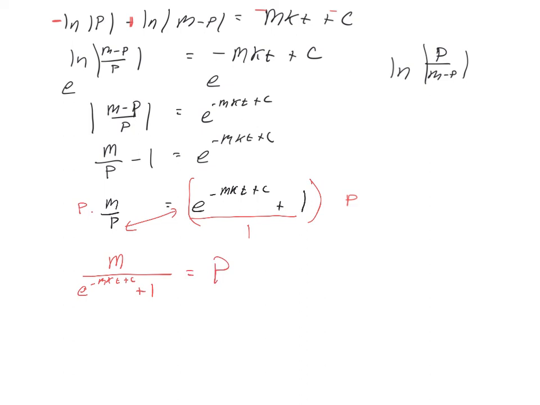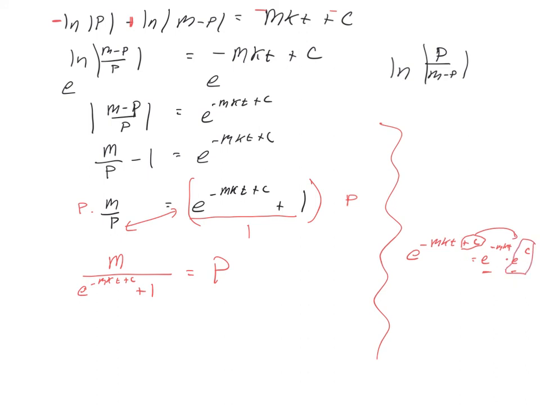All right, so now just rethinking what we have over here. If we have e raised to the negative MKT plus C, this could be rewritten to be e to the negative MKT times e to the C, because if you have the same base, then you add your exponents, which is why this plus C can turn into the product of these two values.